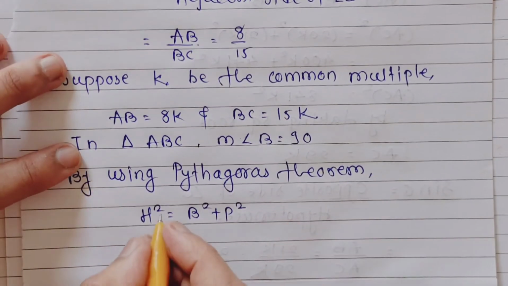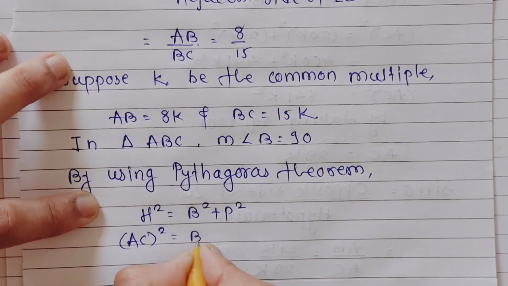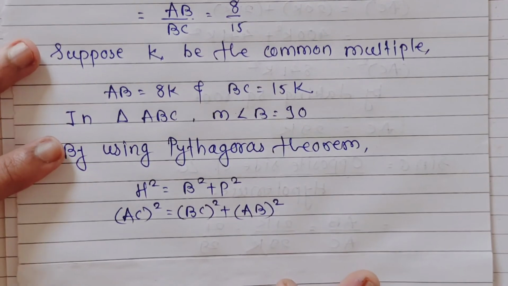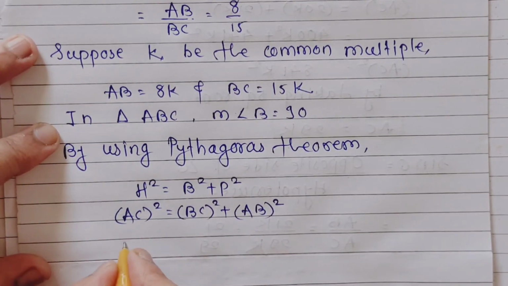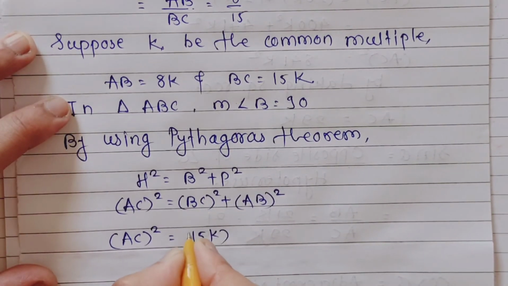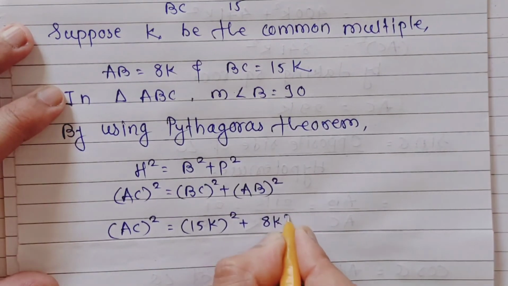Hypotenuse square, that means AC square, is equal to base square, that means BC square, plus perpendicular square, that means AB square. So put the values. AC square is equal to BC square, that means (15k) square, plus AB square, that means (8k) square.